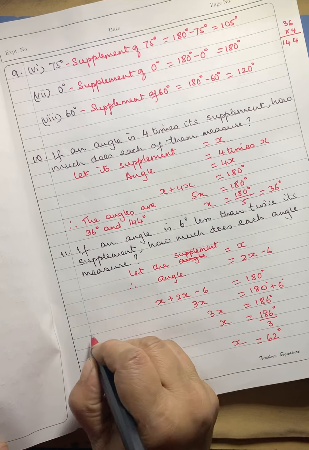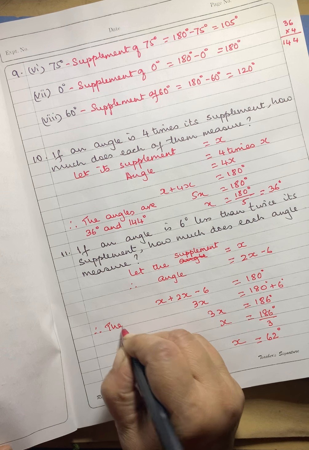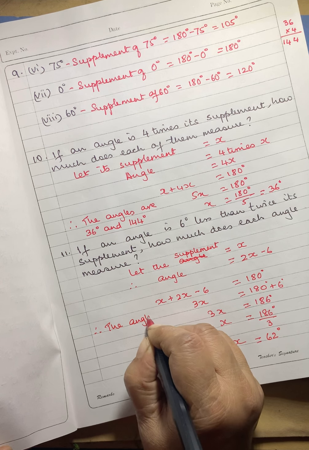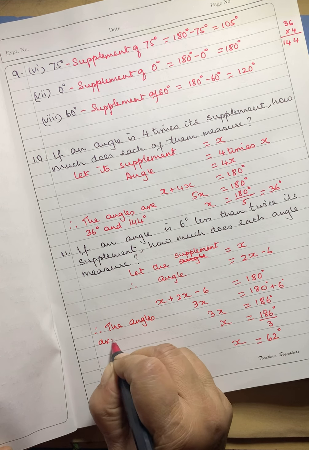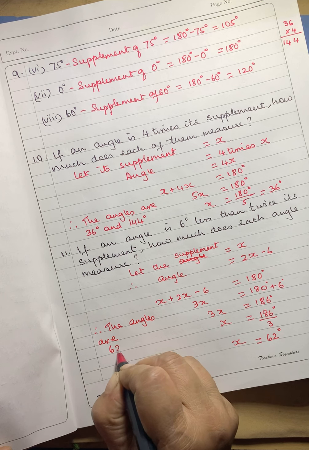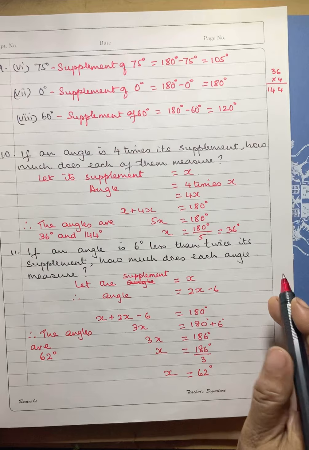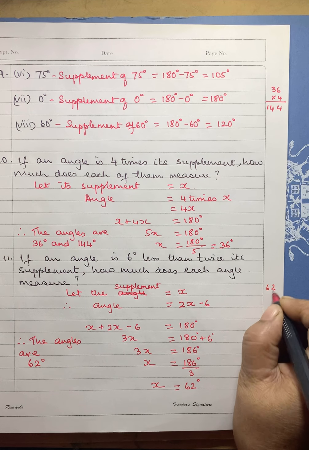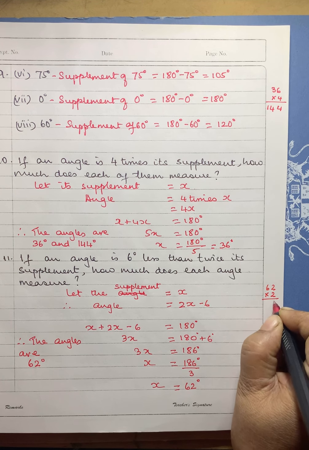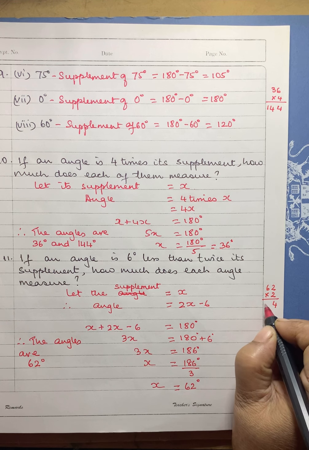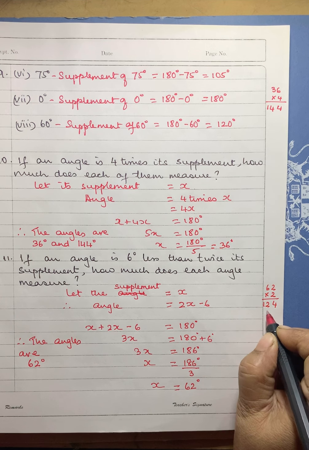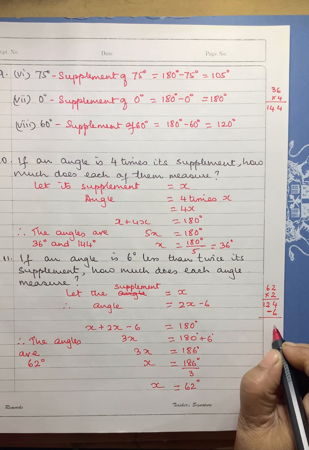Therefore, the angles are: one angle is 62 degrees, the other is 2 times x, that is 62 multiplied by 2, 2 2s are 4, 6 2s are 12, minus 6.